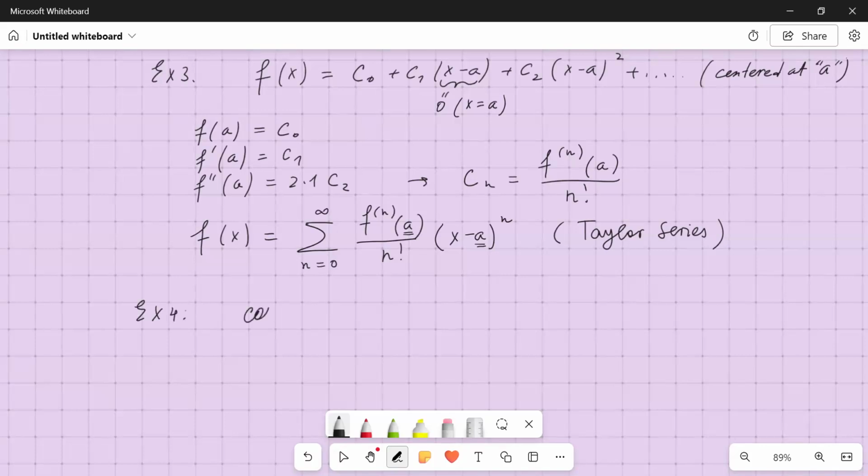I'm going to consider cosine of x, and I'm going to represent it as a Taylor series centered at a equals pi over 4, just to see how everything is going to look.